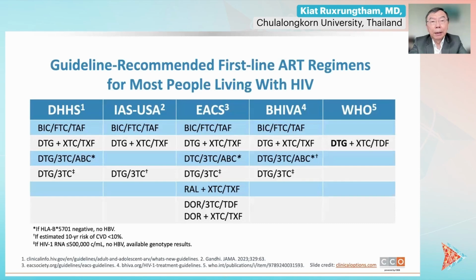For the current guidelines, from the US DHHS, the IAS, the European guideline, the British guideline, and for most low and middle income countries, we will commonly follow the WHO guideline.